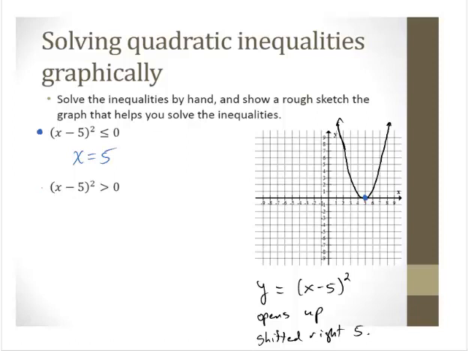Where is x minus 5 squared greater than 0? Well, basically, it's greater than 0 everywhere else. Right? Everything up to 5, everything after 5. So negative infinity to 5, parenthesis, union, 5 to infinity.